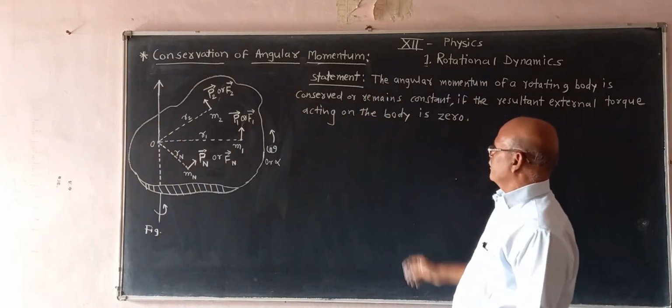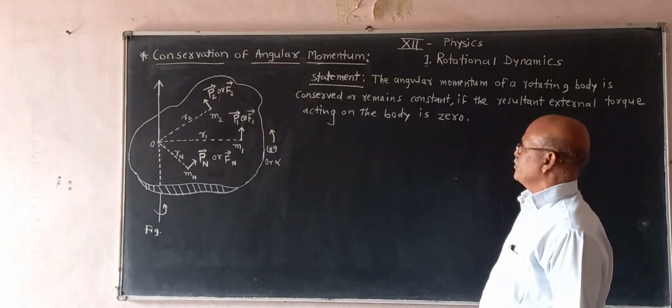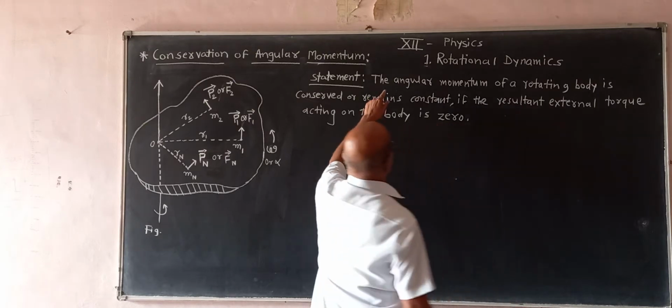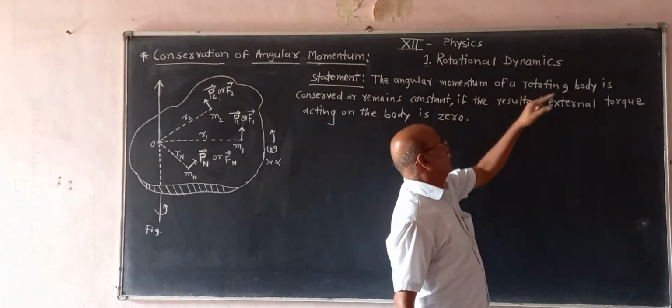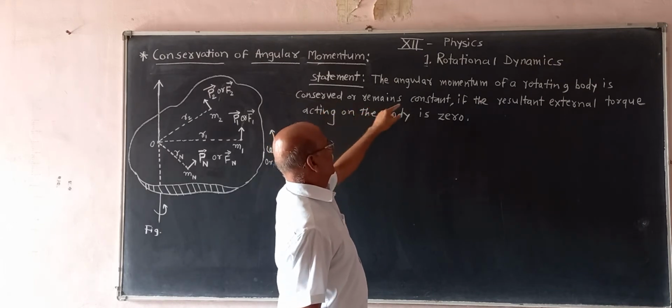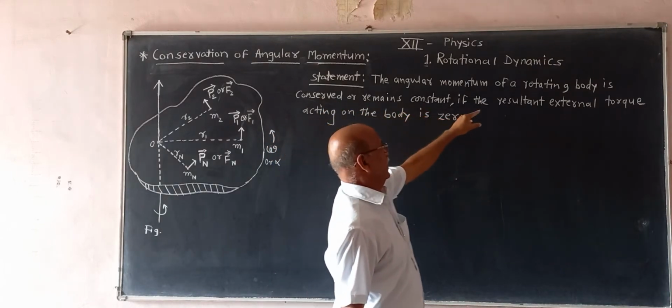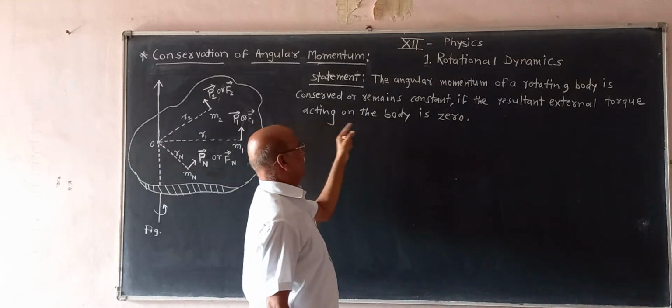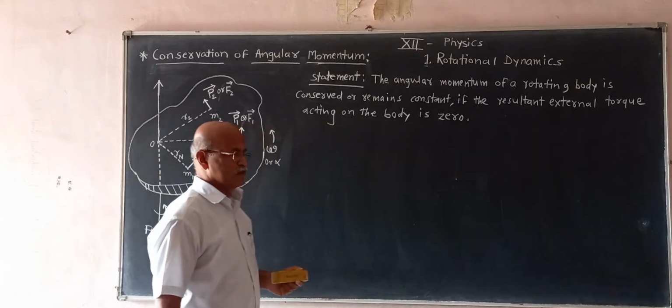The statement of conservation of angular momentum is that the angular momentum of a rotating body is conserved, or remains constant, if the resultant external torque acting on the body is zero.